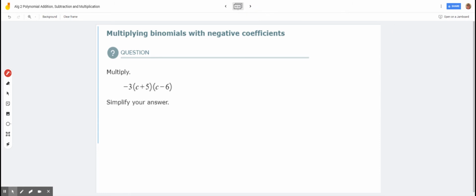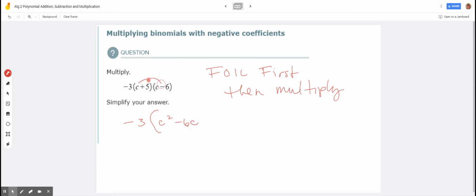When you have a negative on the outside, take a look. They're going to try to trip you up with this negative. Don't distribute first. FOIL first, then multiply. Is it wrong to do it the other way? No. But mentally, I think it's a little easier. So negative 3 times c squared plus negative 6c plus 5c minus 30.